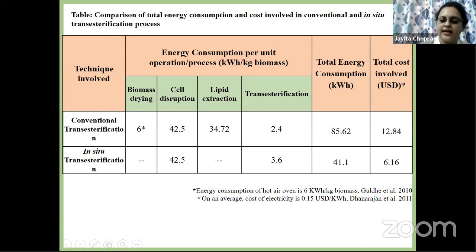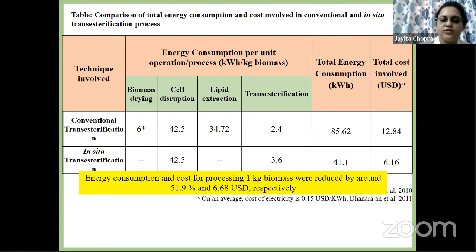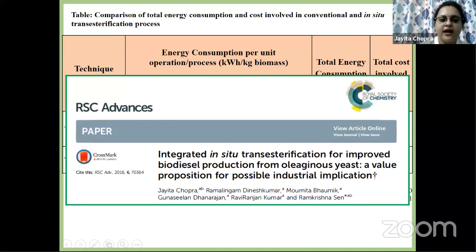So this process can be suitably scaled up for industrial application. For processing 1 kg of biomass, the energy consumption was reduced by 51% and cost is reduced to around 6.68. And we published this work in RSC Advances journal.